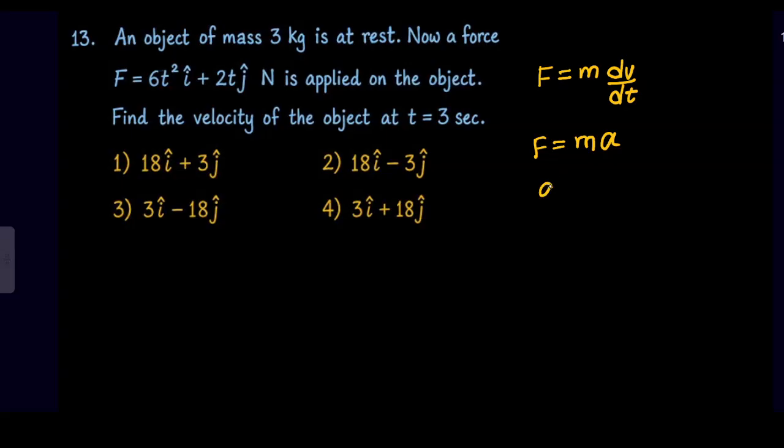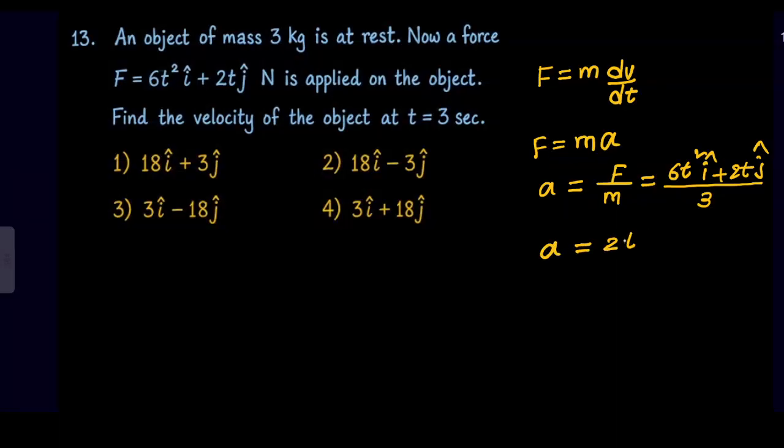So can I get the acceleration? It will be nothing but f by m. The F value we know, the m value we know. So that is 6t square into i cap plus 2t into j cap by the mass, which is equal to 3. So we'll get the acceleration: 2t square into i plus 2 by 3 t into j.